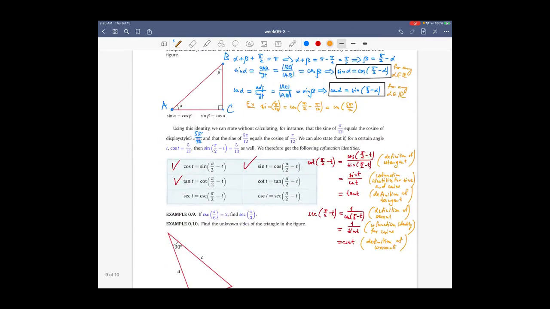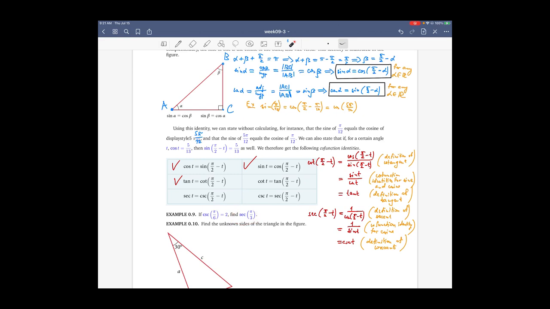All right, co-function identities are very important. So let's solve a couple more examples. This one should be very quick. Secant of pi over 6 is 2. Cosecant of pi over 6 is 2. Find secant of pi over 3.